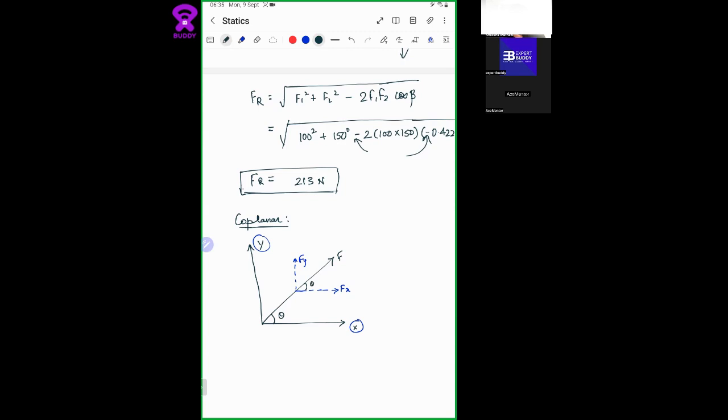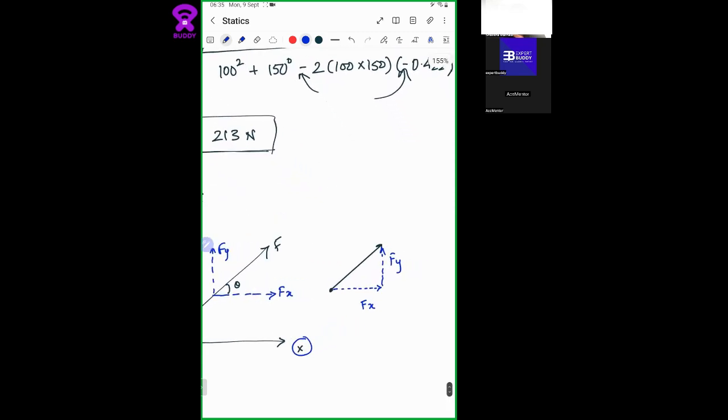Okay. And if you see this particular triangle, I told you you can move the forces where and when you want. So this fellow here is Fx and this fellow here is Fy.